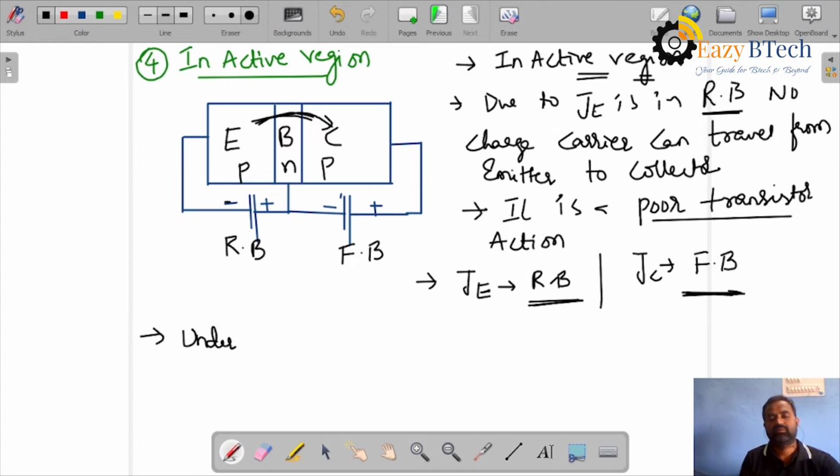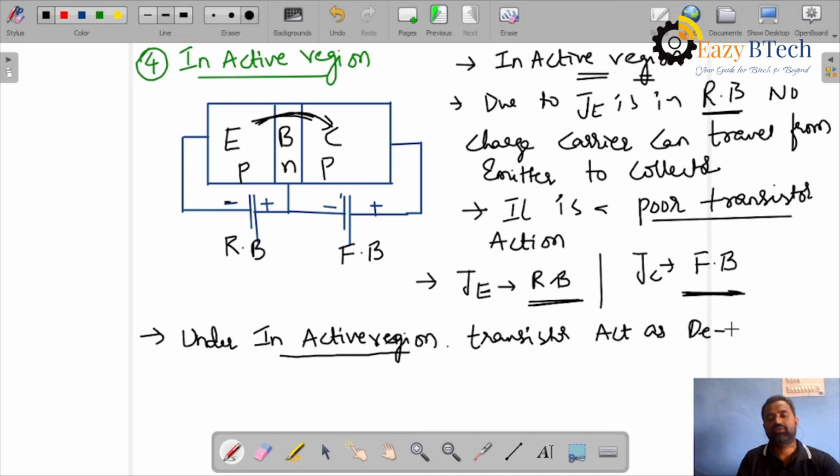Under inactive region, transistor acts as deamplification. That is attenuators.